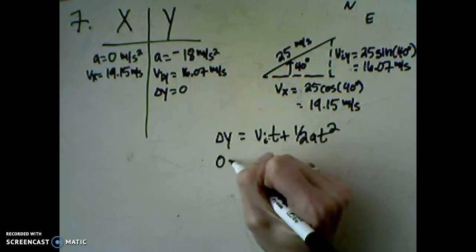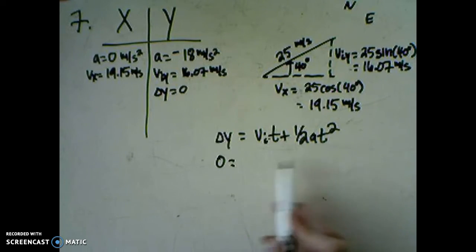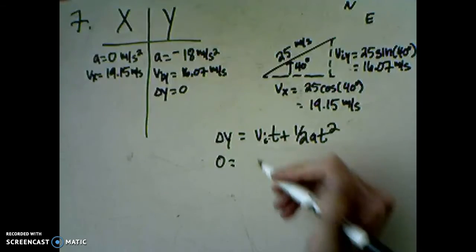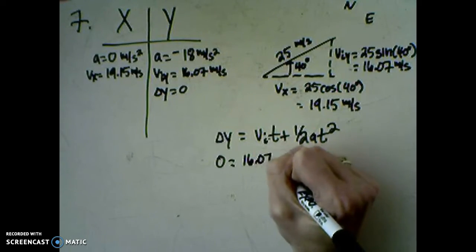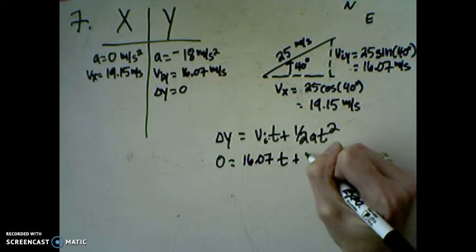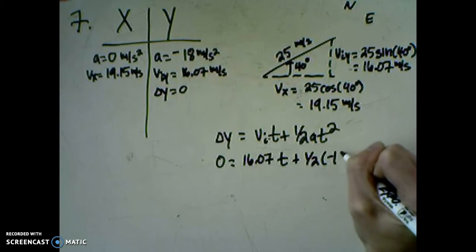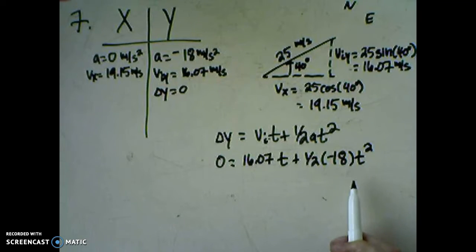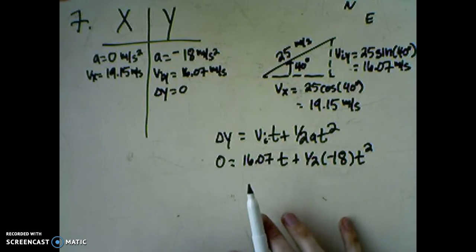Delta y is 0, we plug that in. VI, I'm using y, so I have to use the y value I have here, which is 16.07 times t plus 1/2 times negative 18, not negative 9.8, t squared. Again, you get to this point where you can graph it, you can solve the quadratic equation, however you wish to do that.